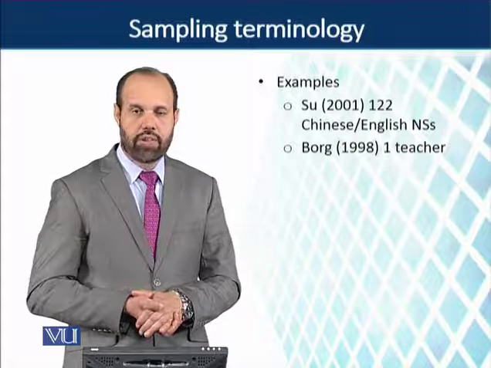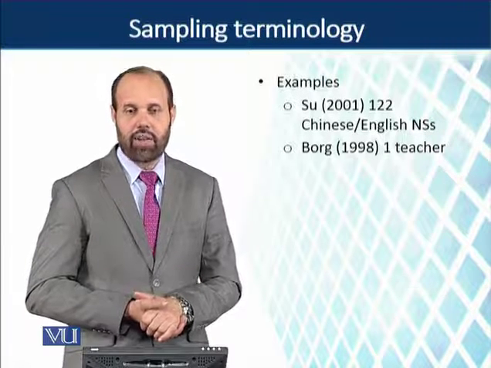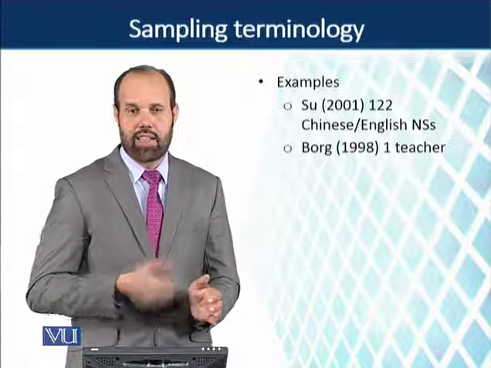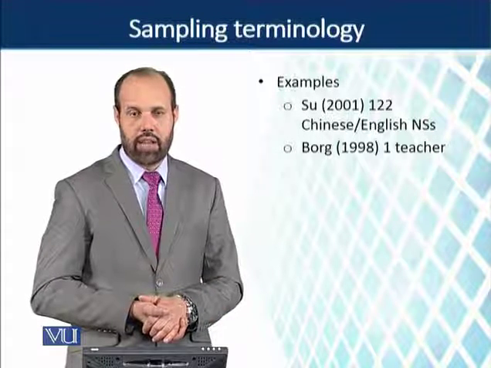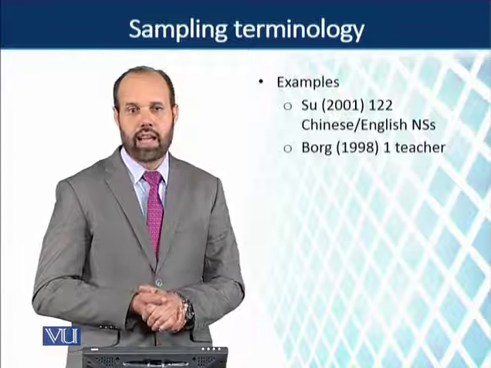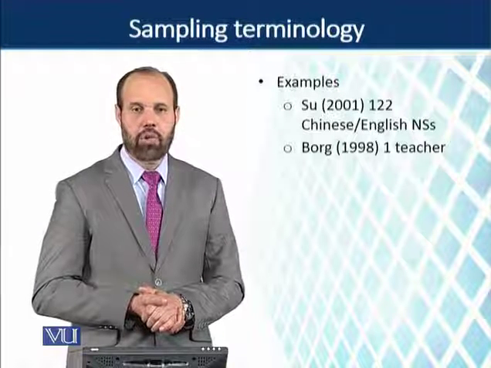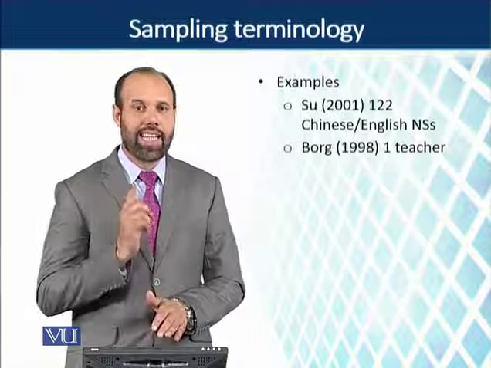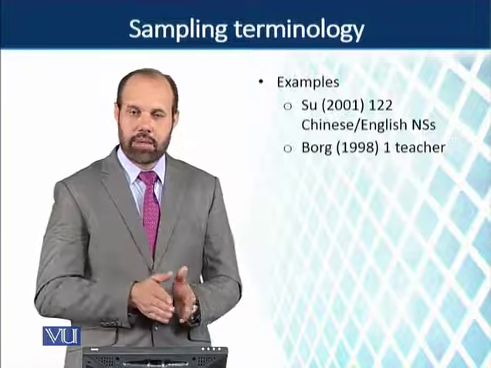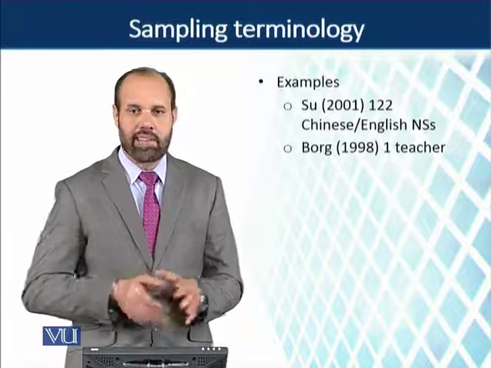And we can also have a sample where only one participant is there, where only one subject is providing the information. The example is that Simon Borg in 1998 conducted a study which was based on one single teacher, right?